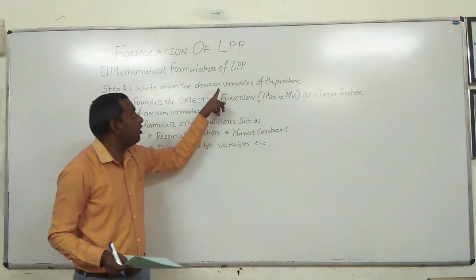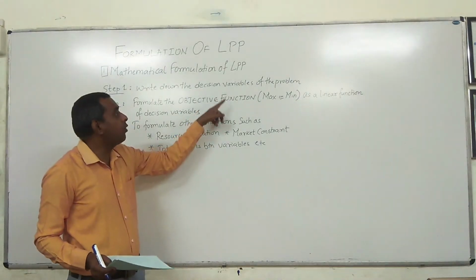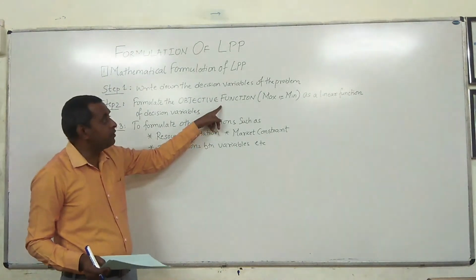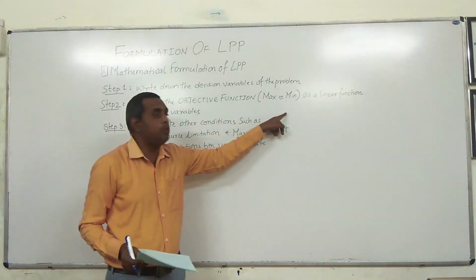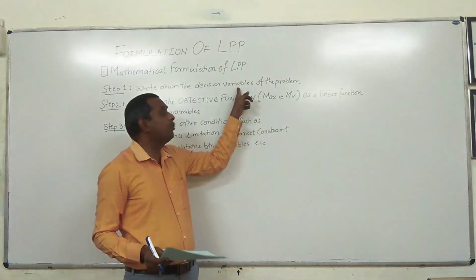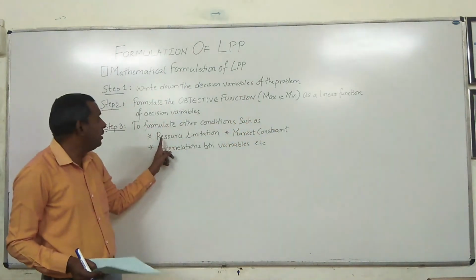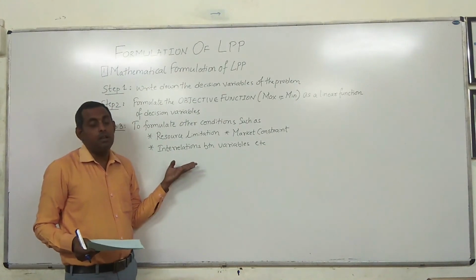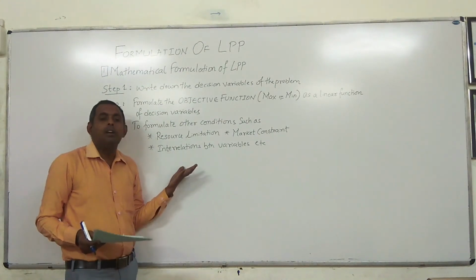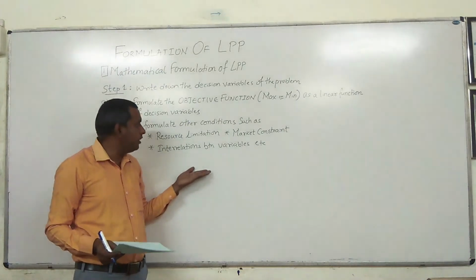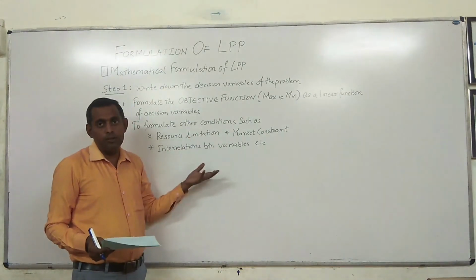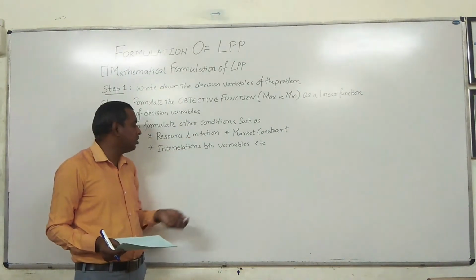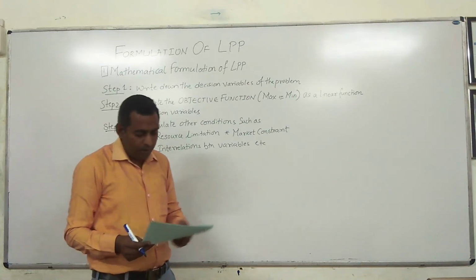So in step 1 we write the decision variables, in the second step we prepare the objective function, whether to maximize or minimize with respect to these decision variables, and we need to formulate the other conditions. Other conditions means restrictions or constraints such as resource limitations, market constraints, relations between variables.